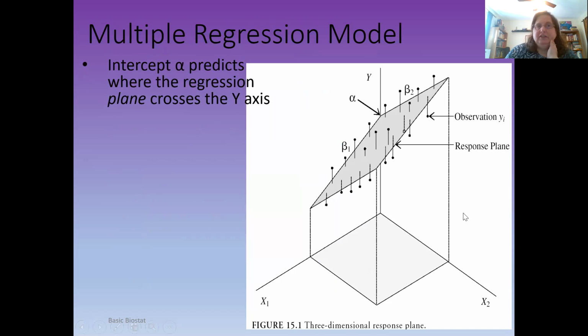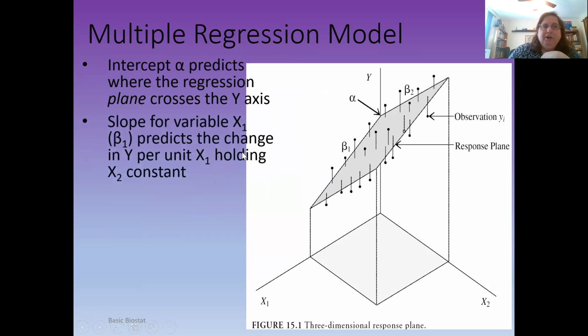So let's look at it. Our intercept predicts where the regression plane, we have a plane now, crosses the y-axis. Right here.